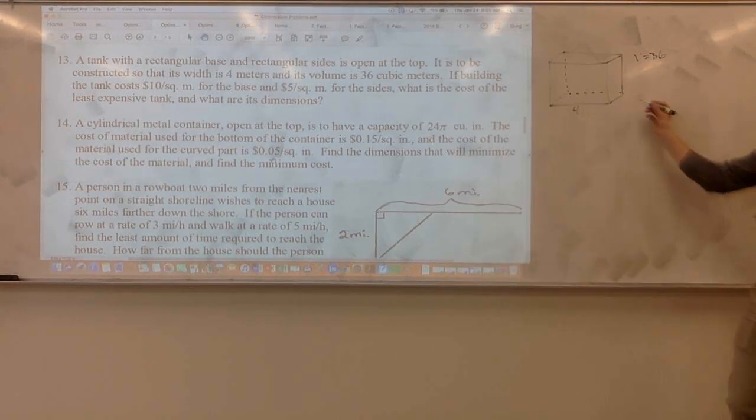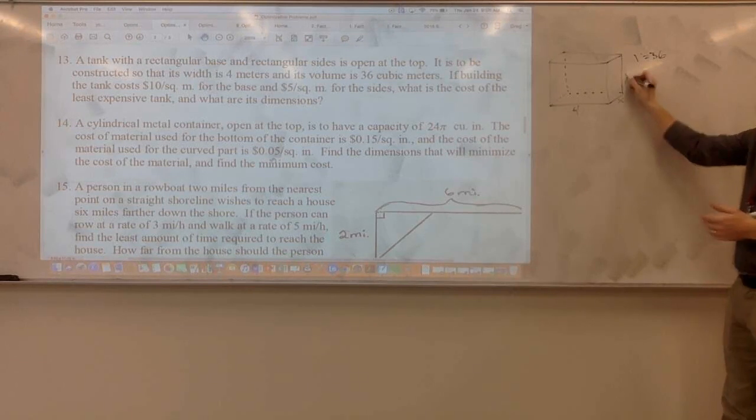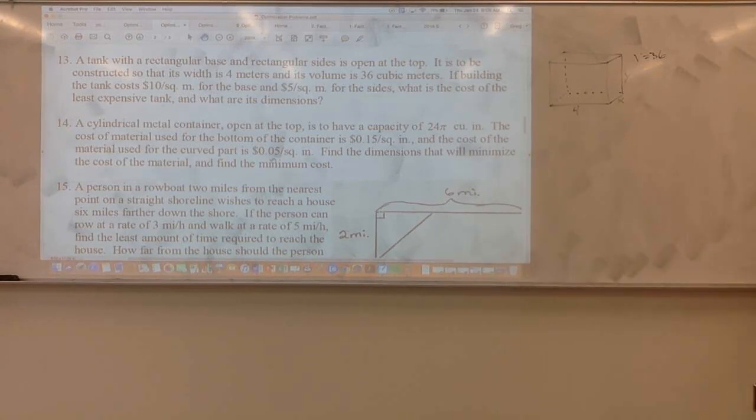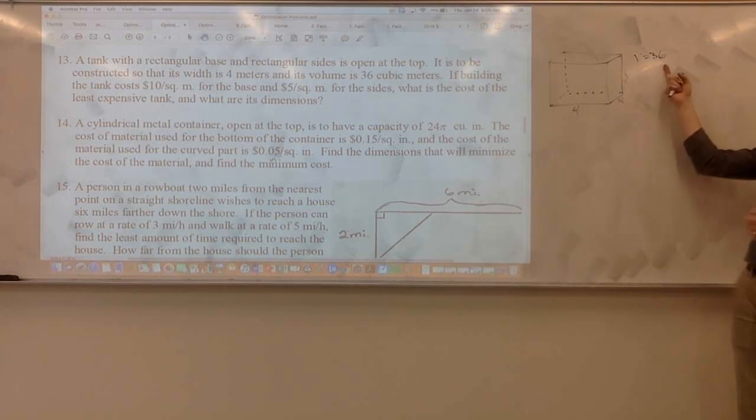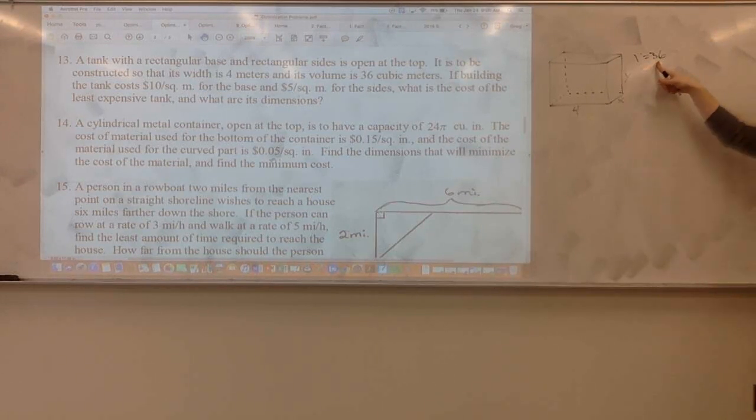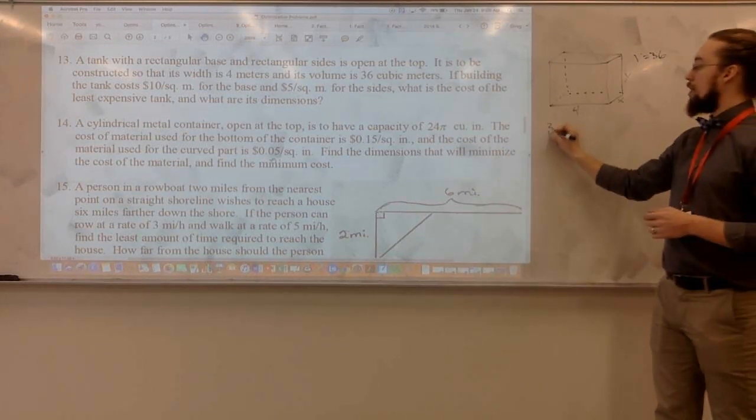So I can just assign those variables. We can just call them X and Y or L and H, whatever you want to call them. I'll call them X and Y. So my volume, how can I set up a volume equation? And we know V too, right? So we can say 36 equals 4XY.